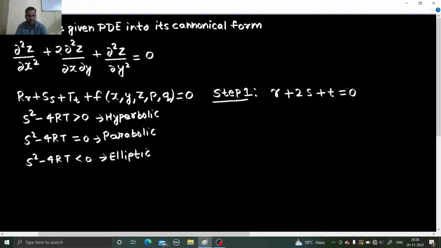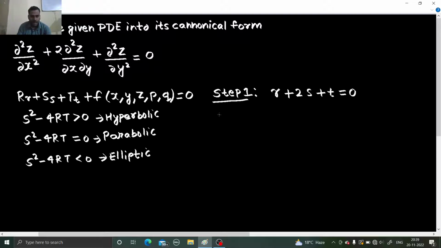Now if you compare, this capital R, capital S and capital T are just the coefficients of small r, small s and small t, which you already know. P is del z by del x, Q is del z by del y, then comes r, which is del 2z by del x square, then s, which is del 2z by del x del y, and finally t, which is del 2z by del y square.